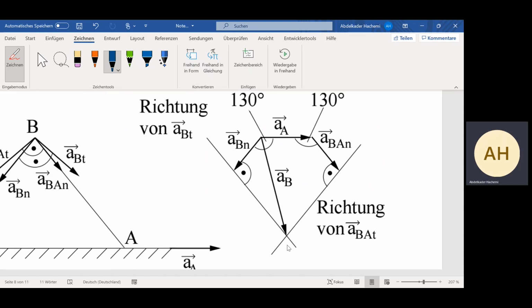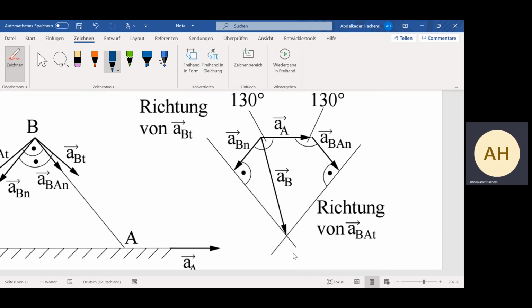EB is also the sum of AA plus ABN and ABT, but for ABT we know only the line direction.